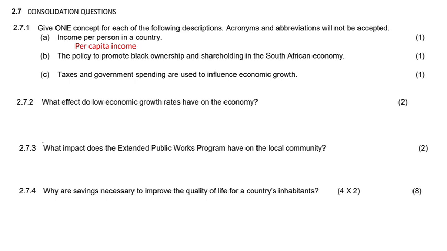The policy to promote black ownership and shareholding in the South African economy: broad-based black economic empowerment. Please note that you have to write that out in full. You can't just put triple BEE, right? You've got to write broad-based black economic empowerment.